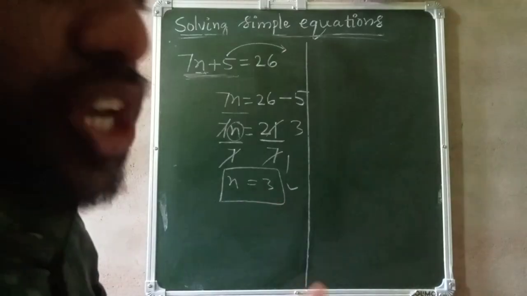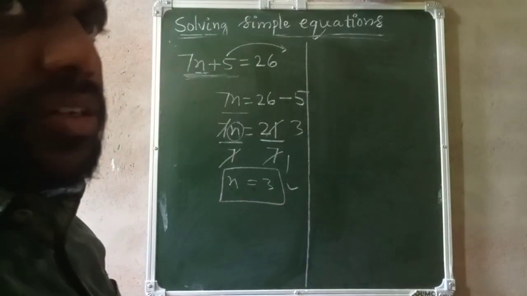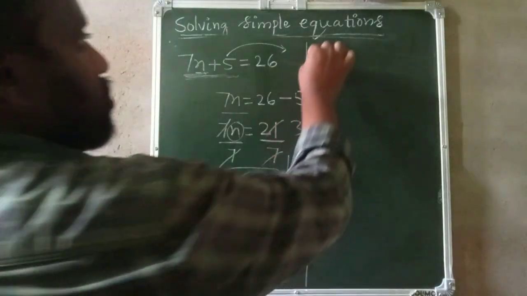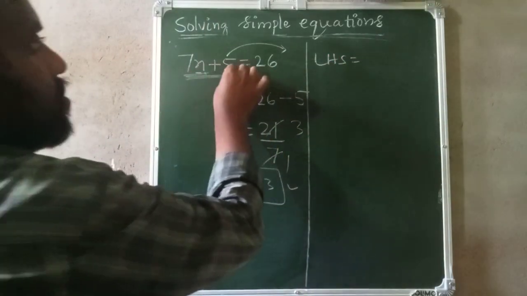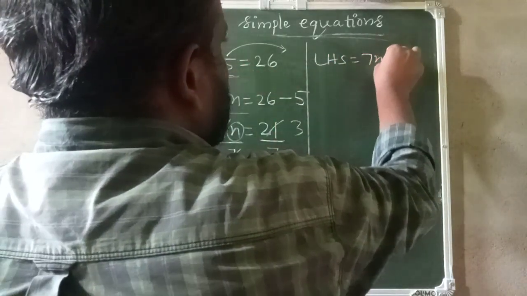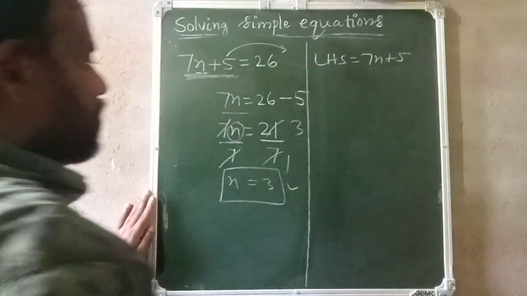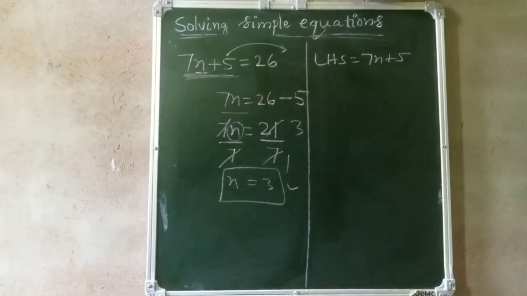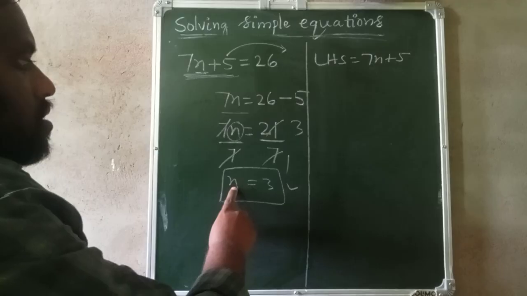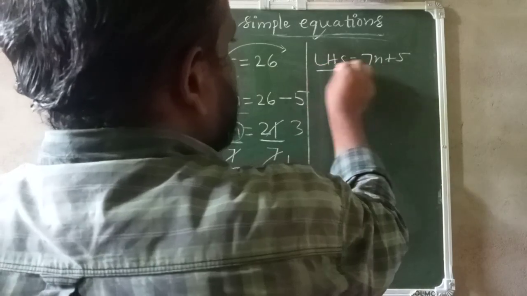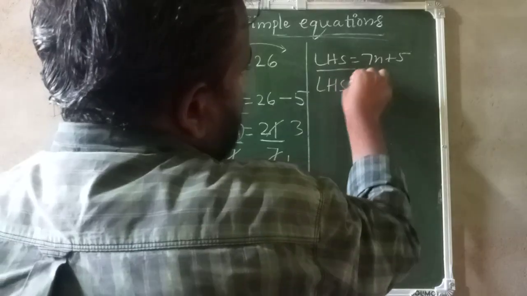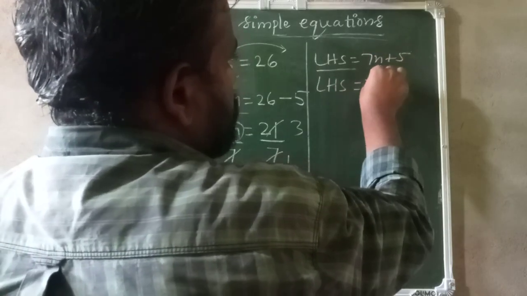So we are going to check whether this answer is correct or not. First take LHS. LHS is 7n plus 5. Now we have to substitute this value of n. Value of n is 3. Before substituting, write this LHS is equal to 7 as it is.